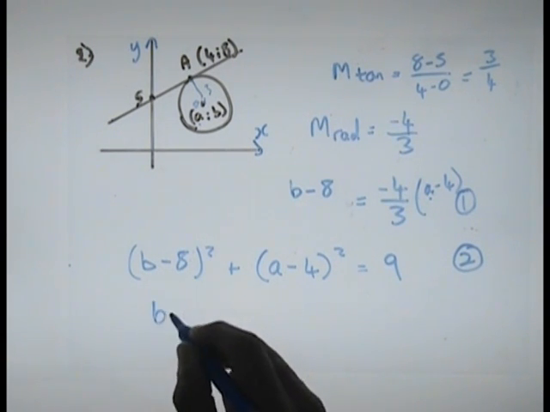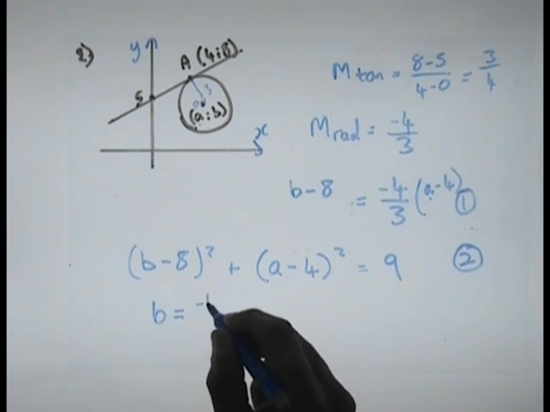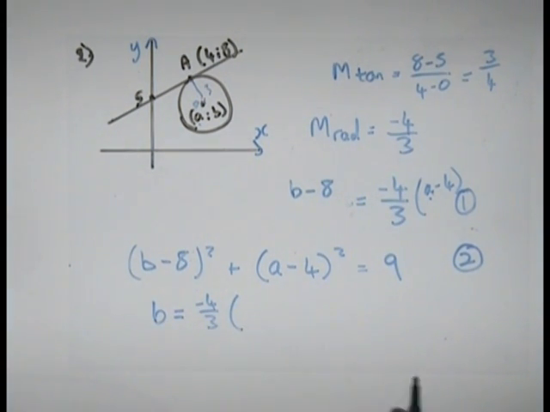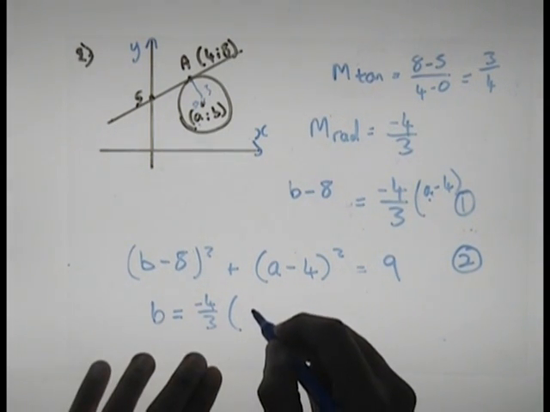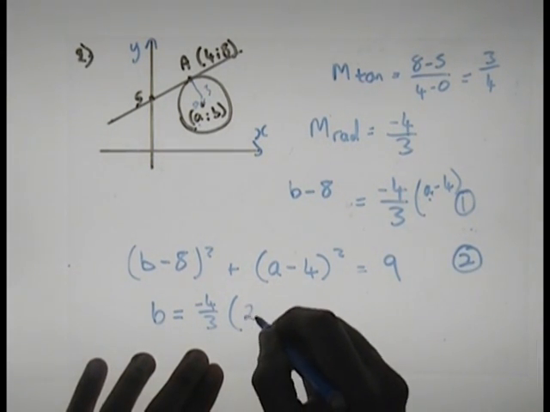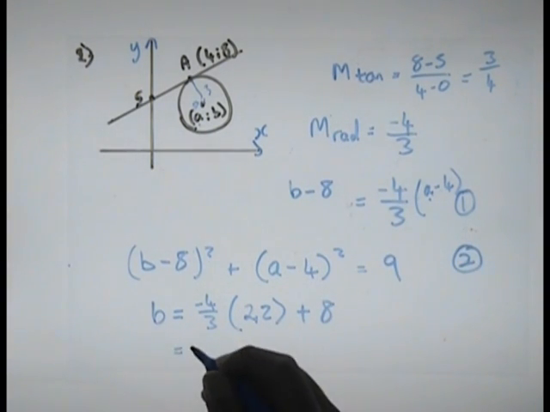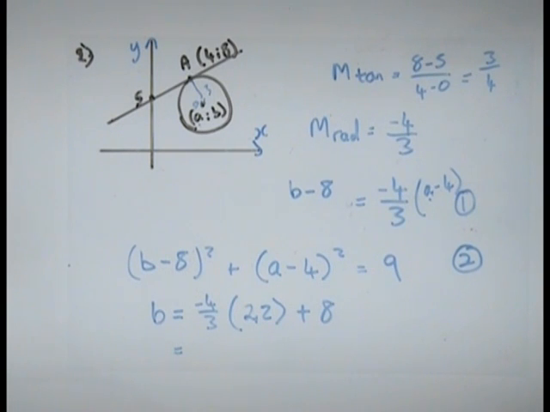So that means that B is going to equal negative 4 over 3 multiplied by A, which is 6.2 minus 4, which is 2.2, plus 8, take the 8 across. That is going to give me an answer of negative 4 over 3 multiplied by 2.2 plus 8, which is equal to 76 over 15.